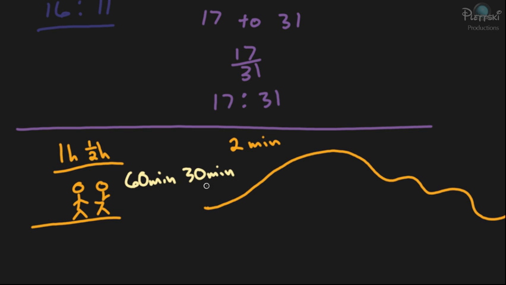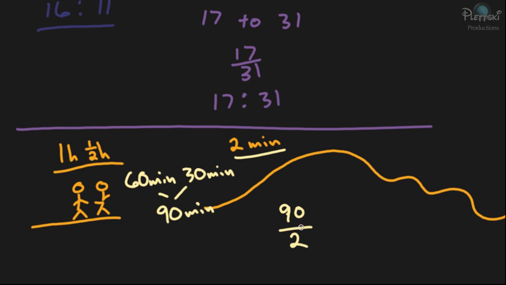So you have 90 minutes total. 60 plus 30 is 90. So you wait in line for 90 minutes and you're on the ride for 2 minutes. Your ratio of time spent in line to time spent on the ride would be 90 to 2.